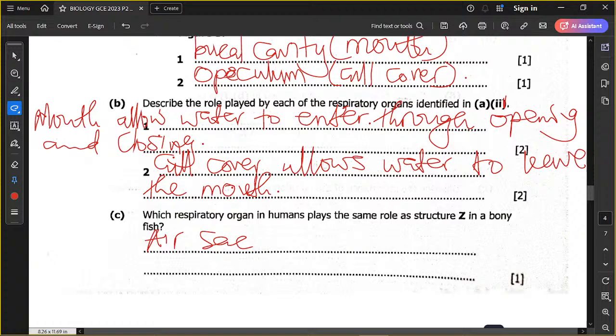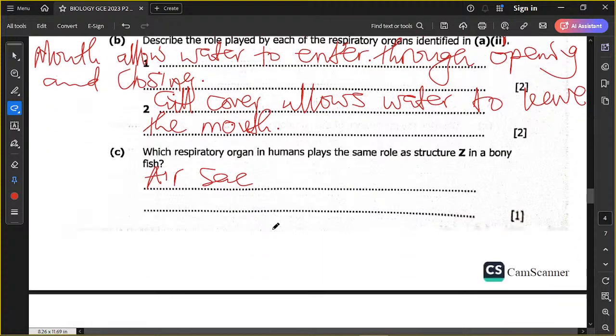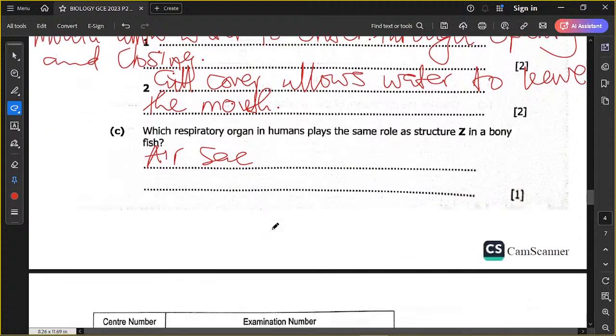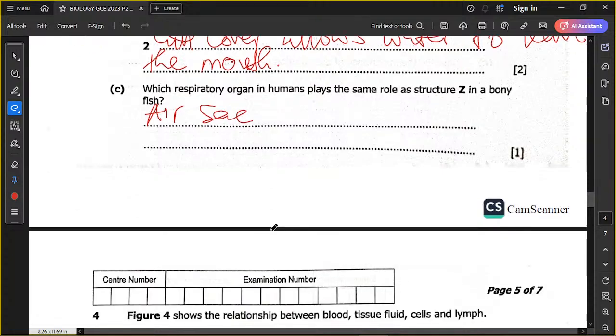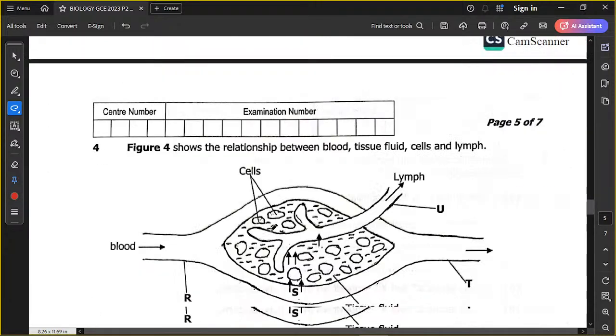So the air sac also works as the gill filament in fish. The same function that the air sac has in human beings is the same function that gill filaments have in fish.